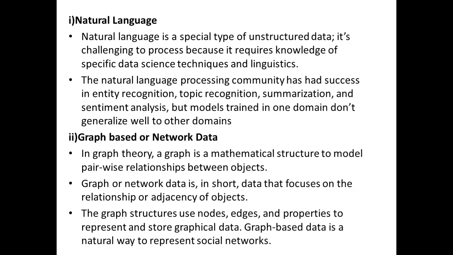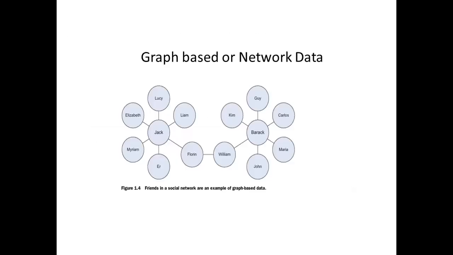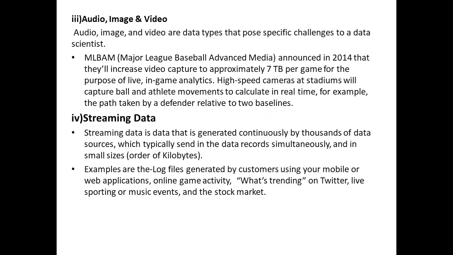Graph-based data is a natural way to represent a social network. In this example, everything is represented in nodes and edges. Florin and Williams are in different networks, but the people are linked in some way. Friends in social media are an example of graph-based data.